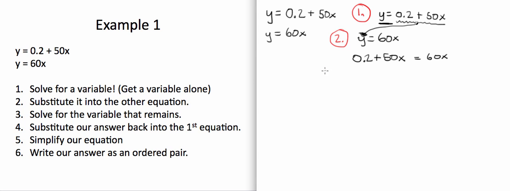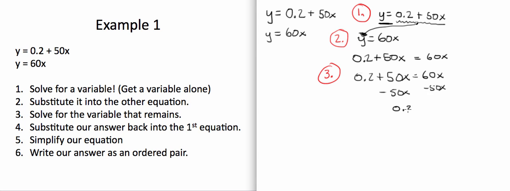When we get to step 3, it says solve for the variable that remains. We only have one variable left now. So we have 0.2 plus 50x is equal to 60x, and we subtract 50x from both sides.